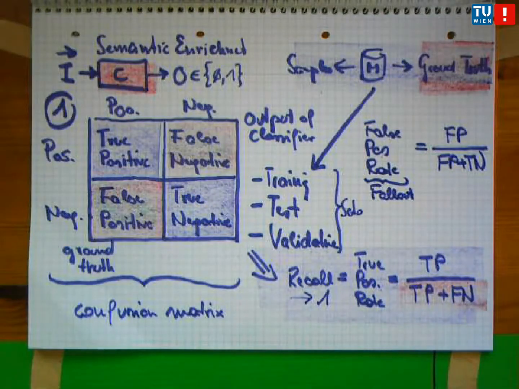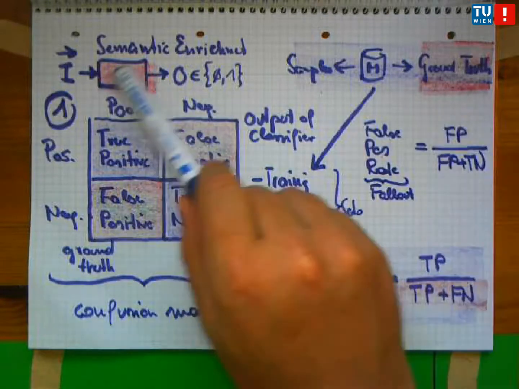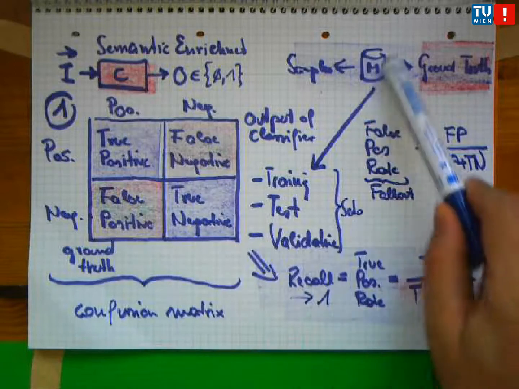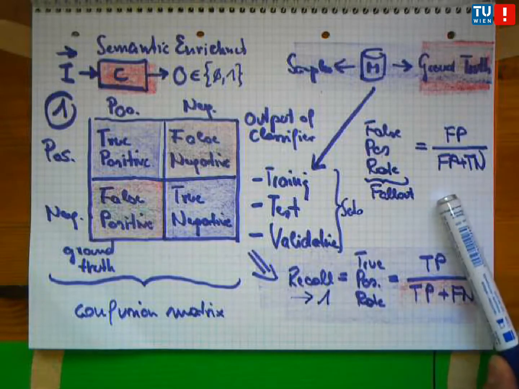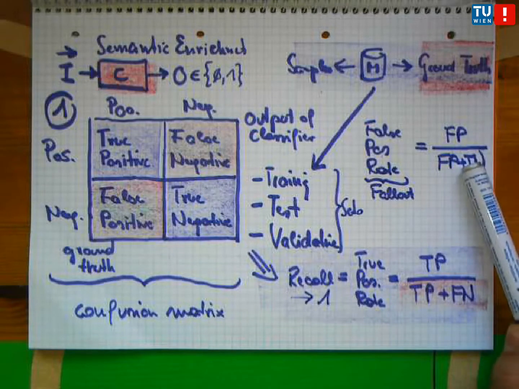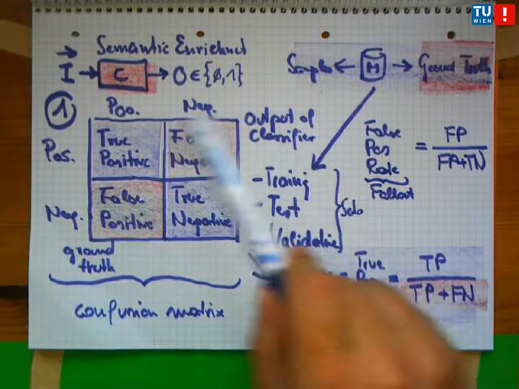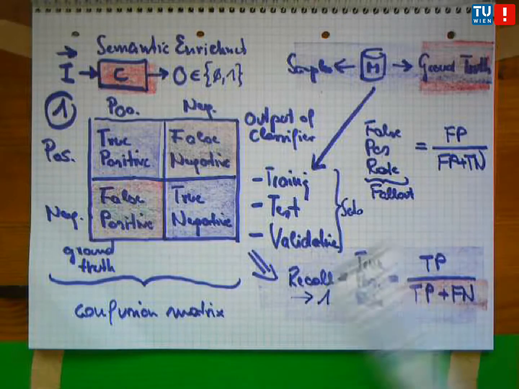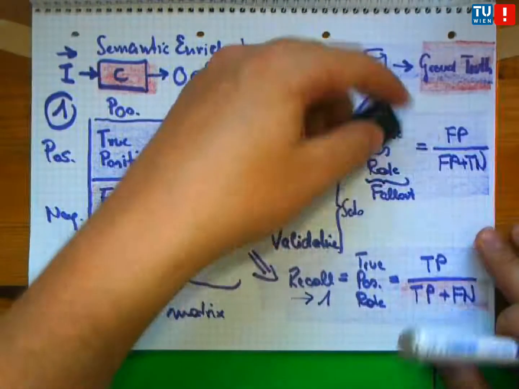That means with the fallout we define the output of a classification step over the entire database and how many of those elements are actually irrelevant. So what is undesired? To what extent is the output of the classification polluted, if you want. That is the false positives rate, which gives you also an indication of the quality.